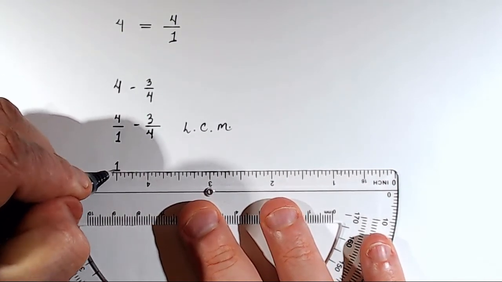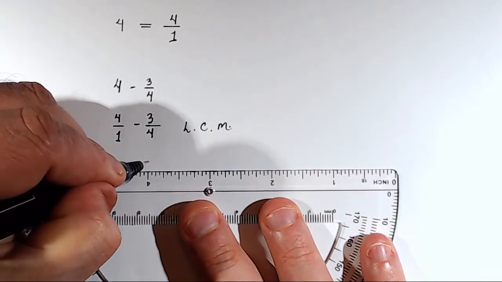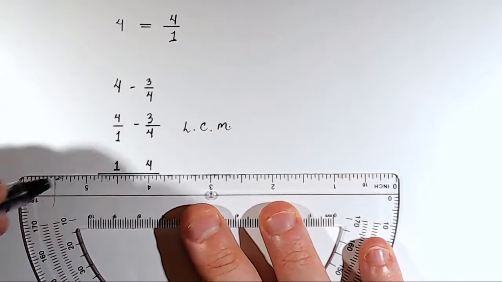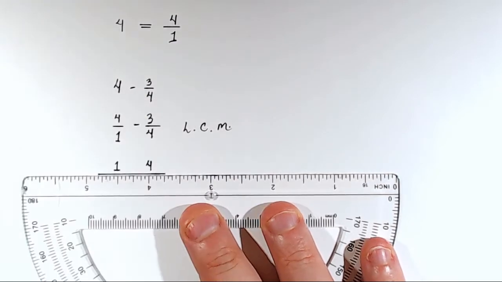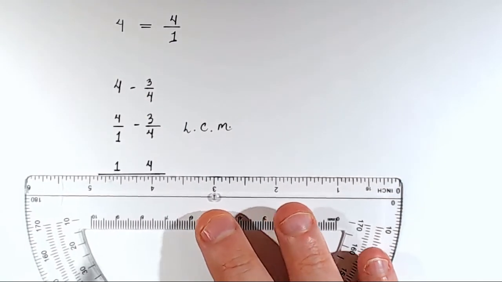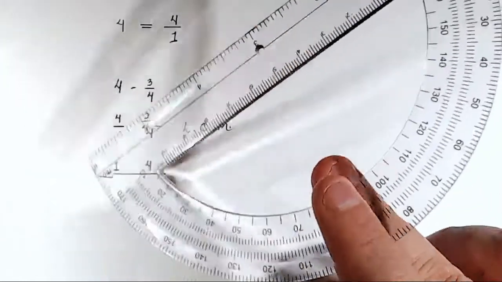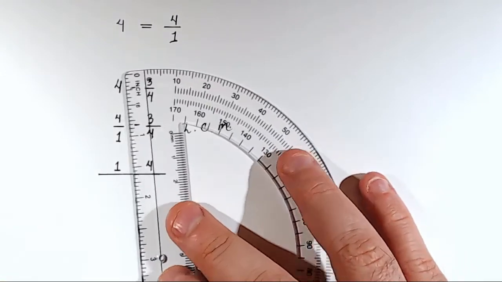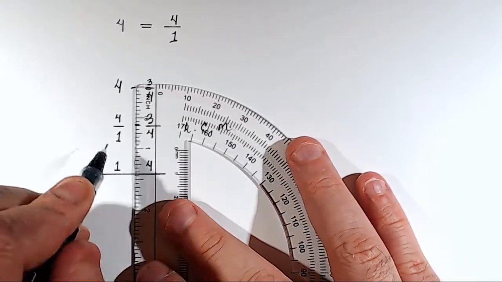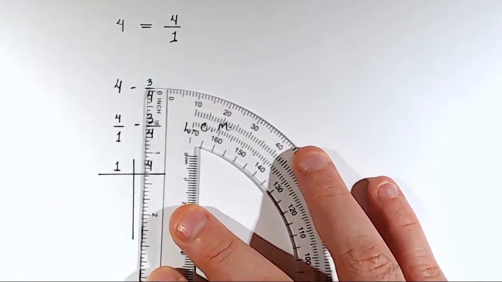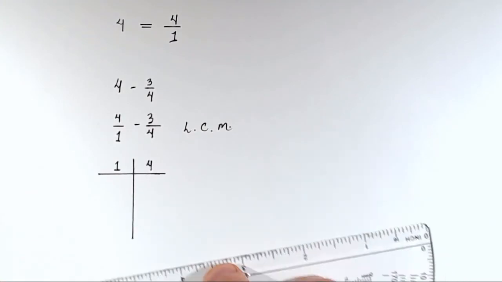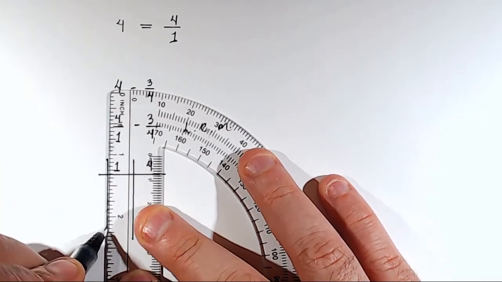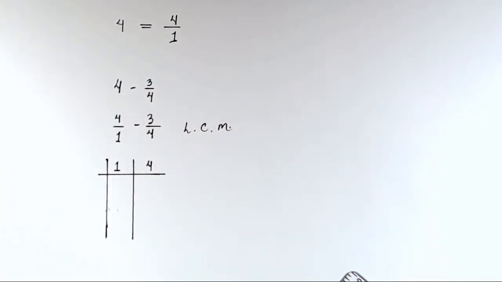So we'll just write 1 and 4, and then draw you a line. So parents watching, students paying attention here, that's why I need you to have either a transparent compass or a straight edge, because I need you to draw these lines straight. Okay, so now draw you a line like this. And then off here to the left of the first number that you wrote, draw another line like this.